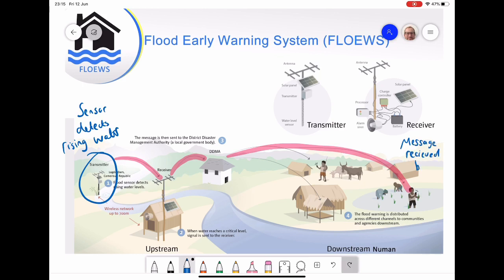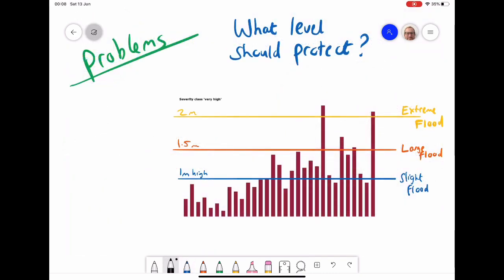Here is an example where it's been sent by text message, but it could be on local news. That is a way for people to make adjustments so they can maybe leave an area if they have to, and to stop the consequences of flooding from being so disastrous.